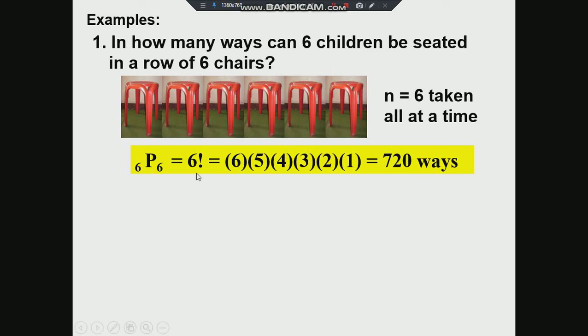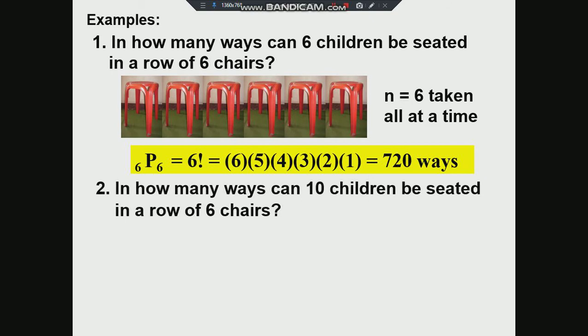So that is 6 factorial equals 6 times 5 times 4 times 3 times 2 times 1 equals 720 ways. Meaning to say, ang 6 na mga bata na uupo sa 6 na upuan, maaayos sila sa pamamagitan ng 720 ways, or there will be 720 arrangements for 6 children who will be sitting in a row of 6 chairs.